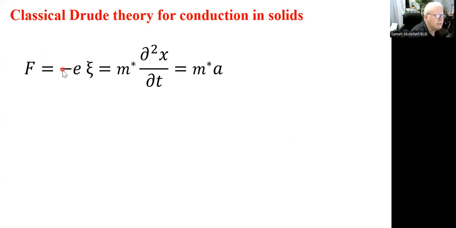We have a negative sign here to indicate the polarity or direction, as electrons are negatively charged. And from Newtonian mechanics, we know that the force equals the mass times the acceleration. Again, please remember that we usually use the effective mass concept rather than the constant mass of an electron. And as you know, the acceleration is the second derivative of the displacement.